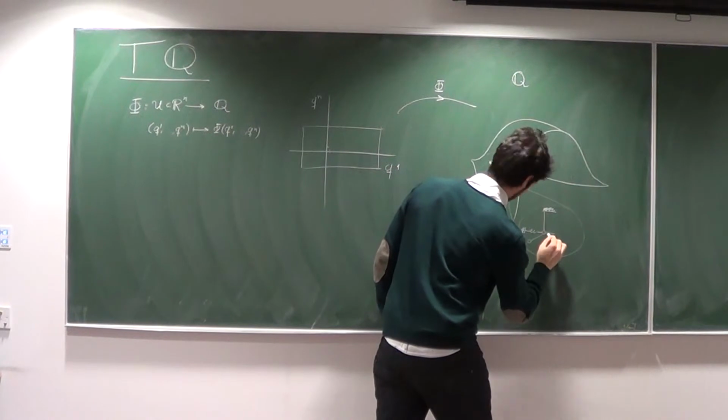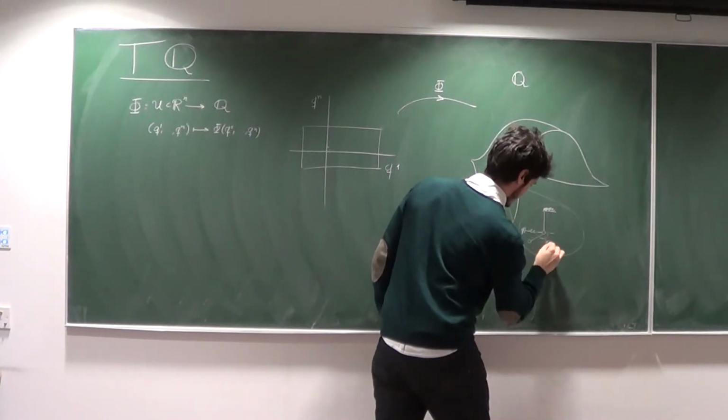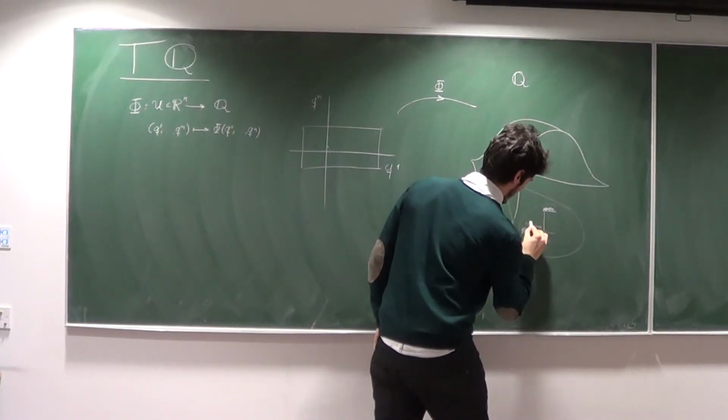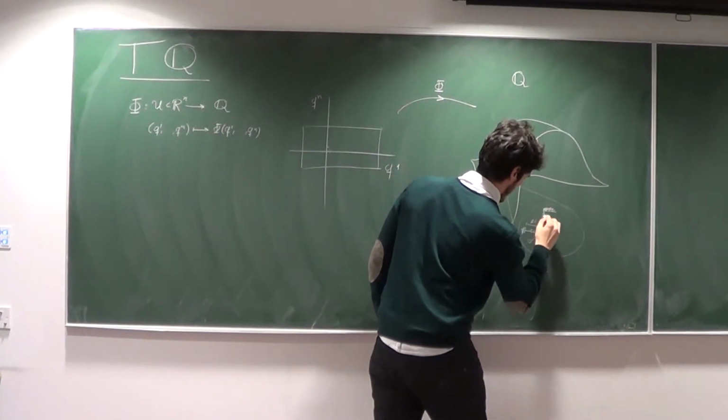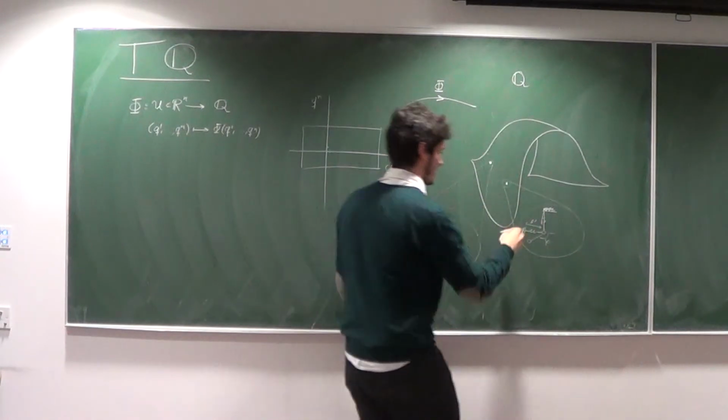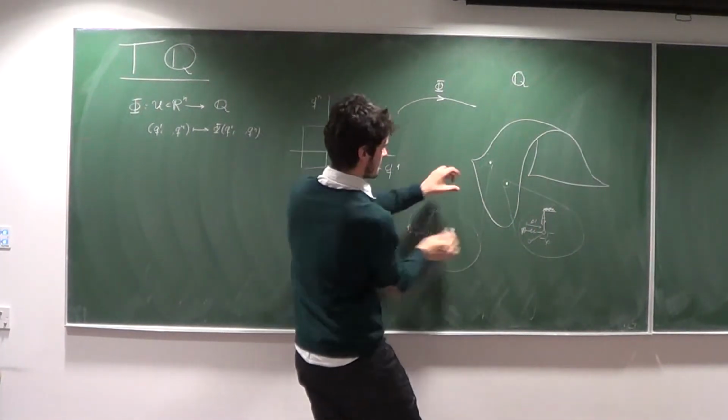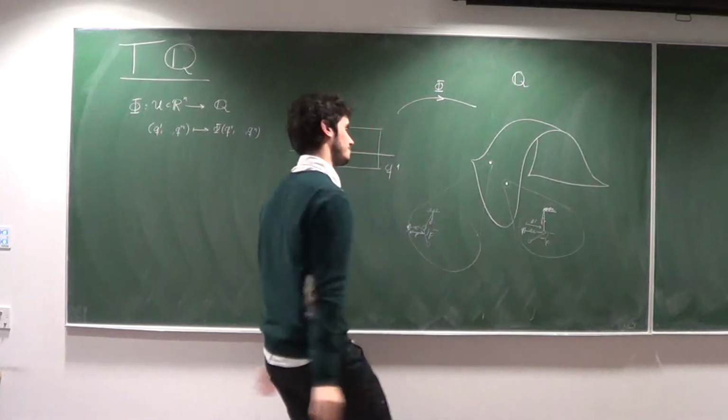This coordinate is different, this length is a different one, and that angle is a different one. You see, every single point is a different configuration of the system.